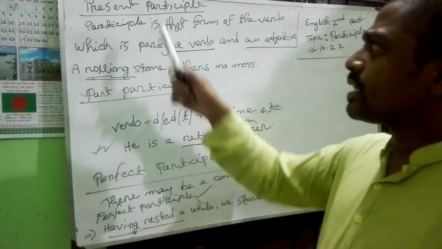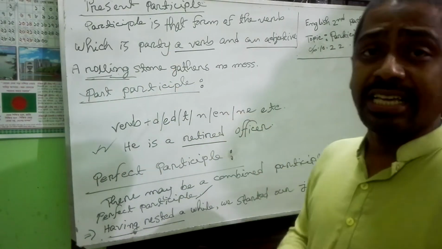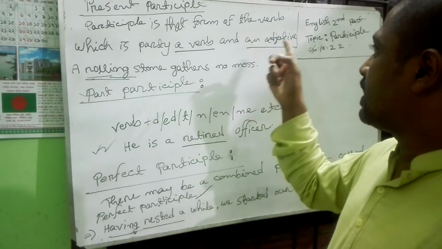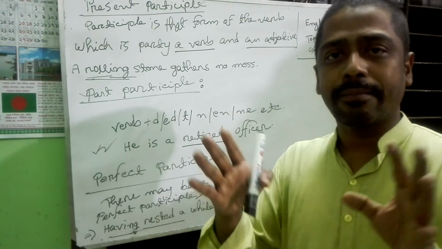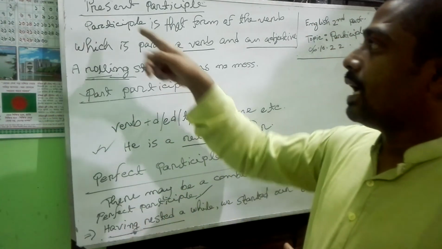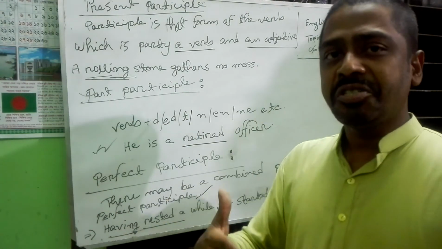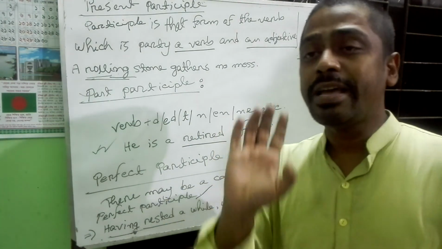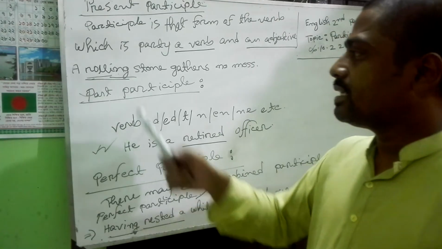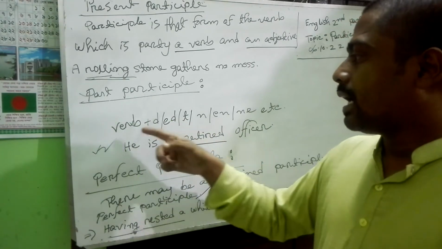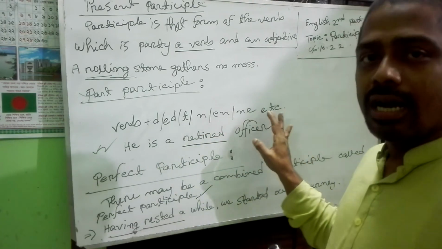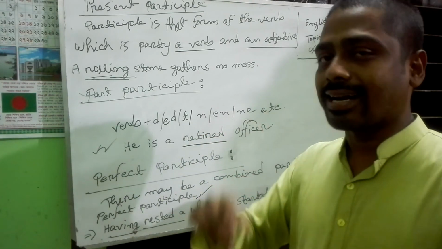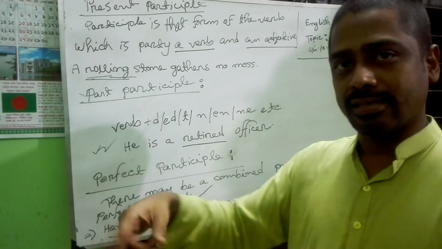All three kinds act like a verb and an adjective, but present participle takes ing after the base form of a verb, and in past participle, d, ed, etc. are added after the verb.